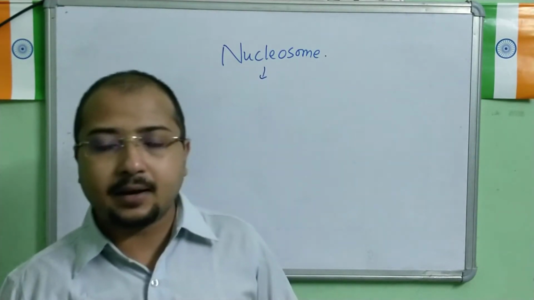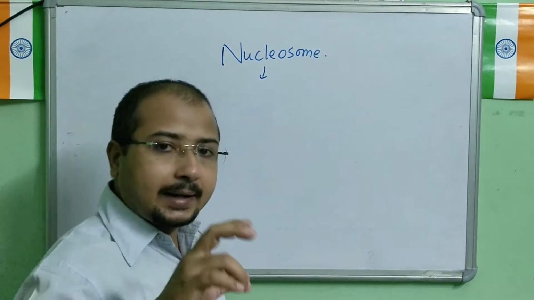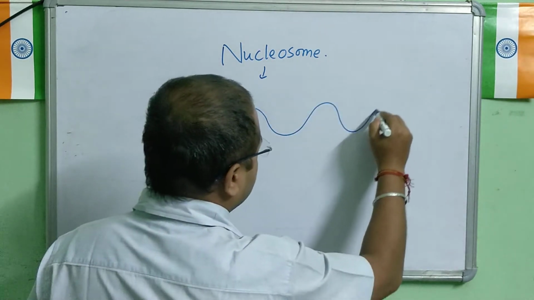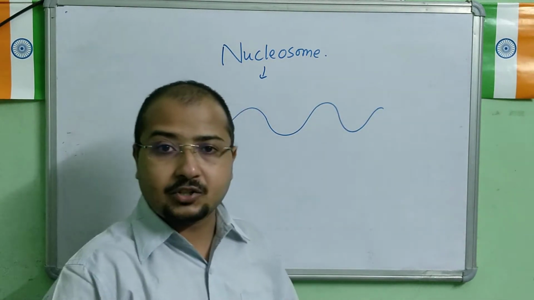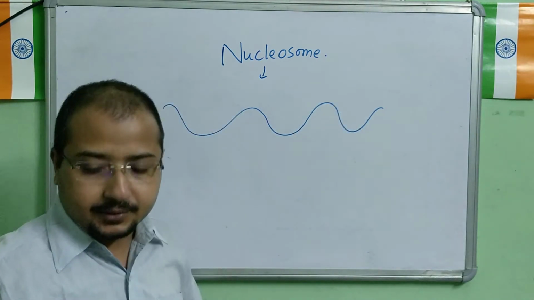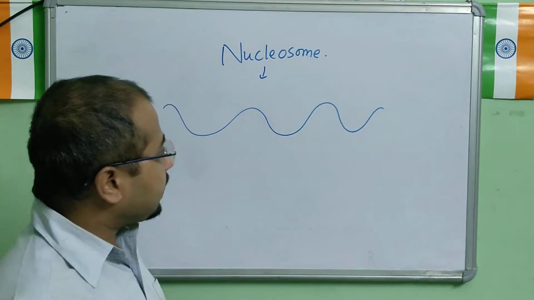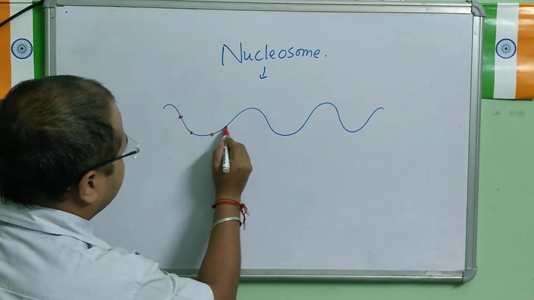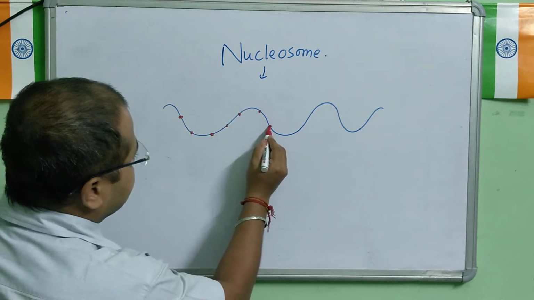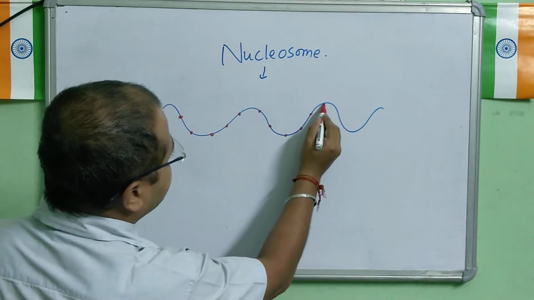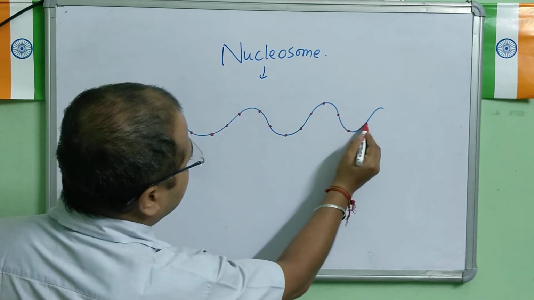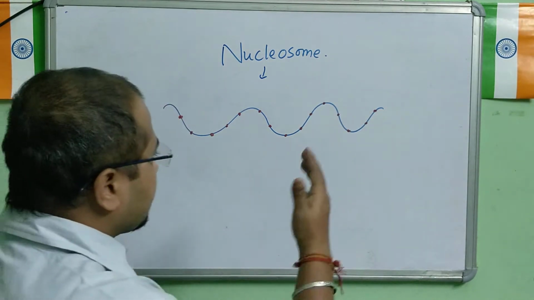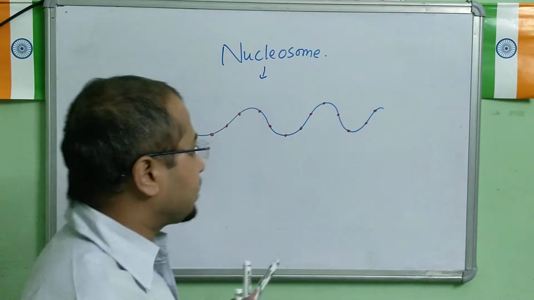If you look at the DNA, suppose a thread-like structure, this is the DNA strand. Now in the DNA strand, you will see some bead-like structures present. It looks like this. So this is called the beads on a thread structure.